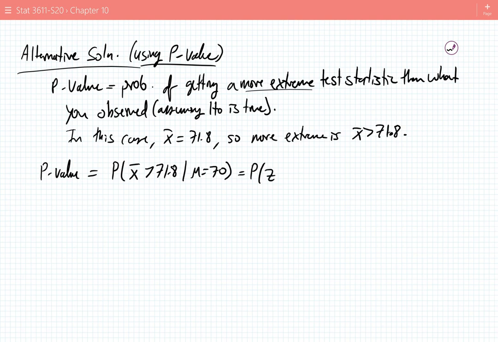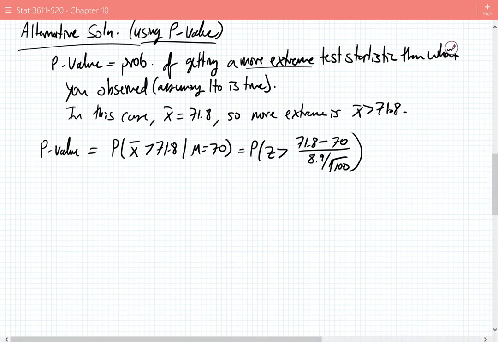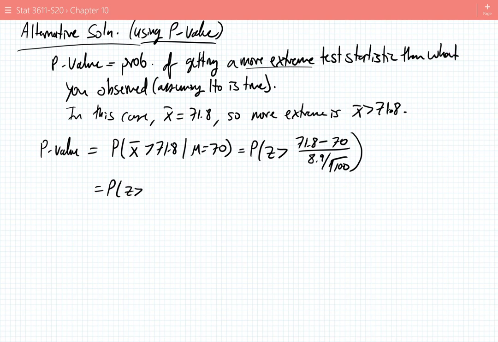This is the probability that z is greater than (71.8 minus 70) over sigma divided by the square root of n. We just switch this up to a greater than symbol compared to before. And so this is just the probability that z is greater than 2.02.